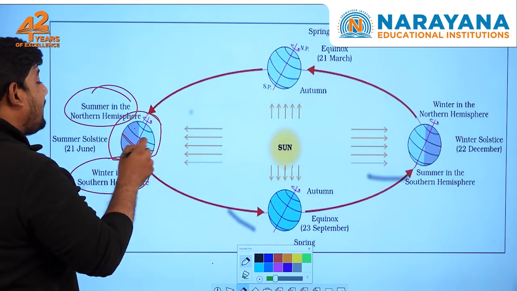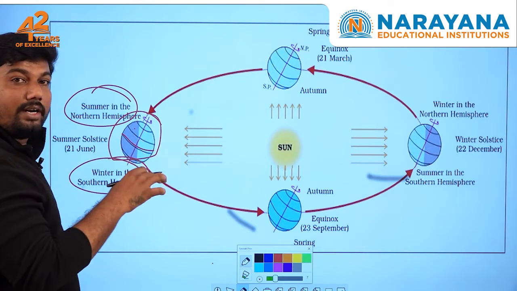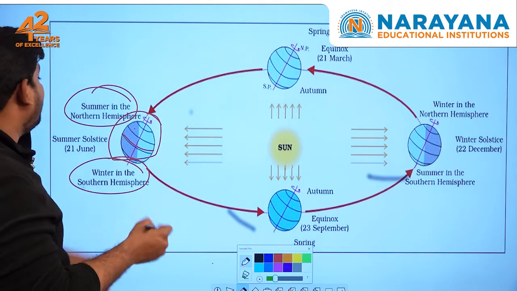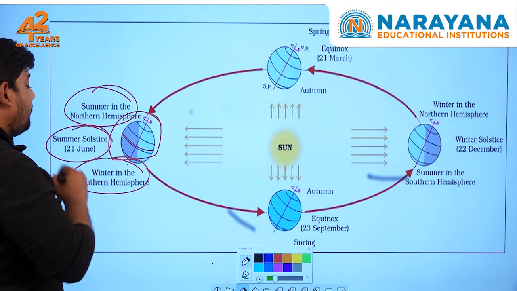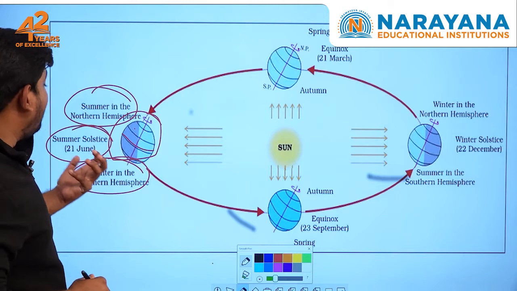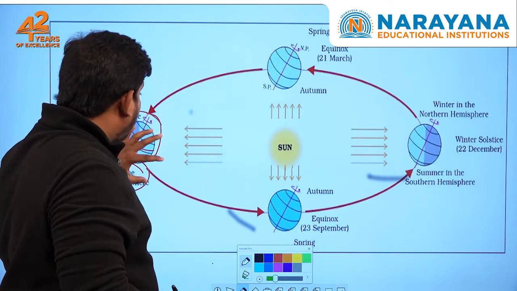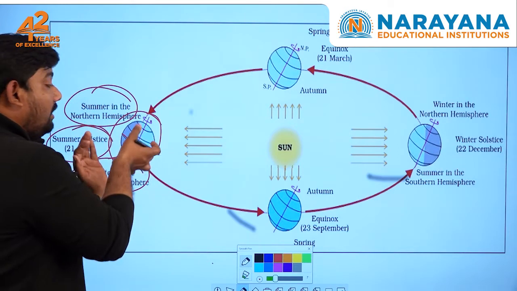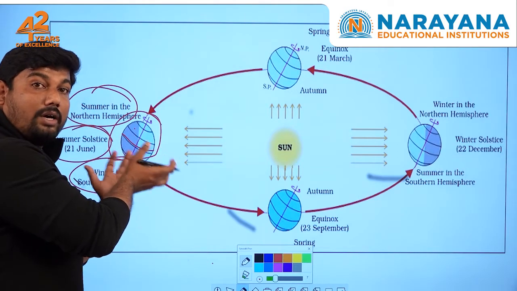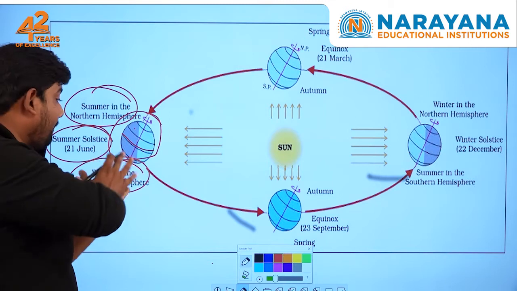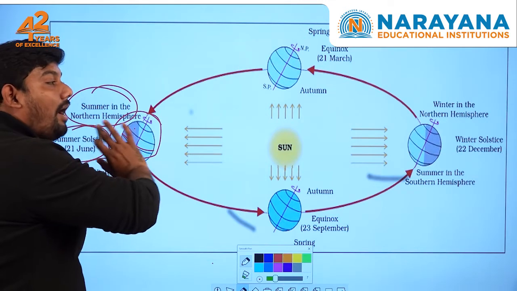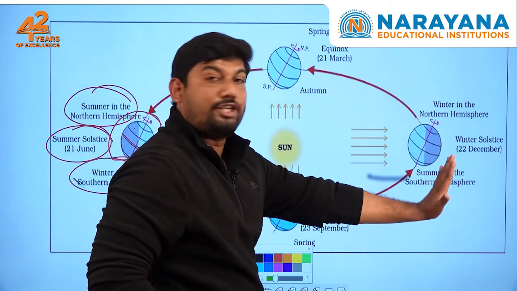This type of longer days and shorter nights is known as summer solstice, and it is seen on 21st June. In the same way, the conditions we discussed, where the northern hemisphere has longer days and the southern hemisphere has shorter days, will be opposite in this position.